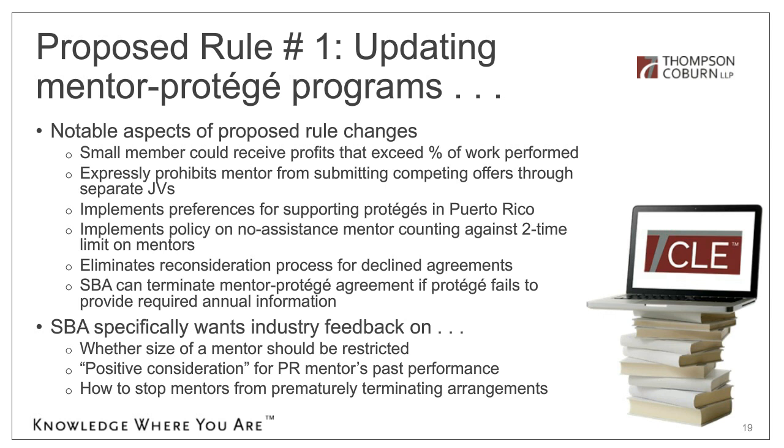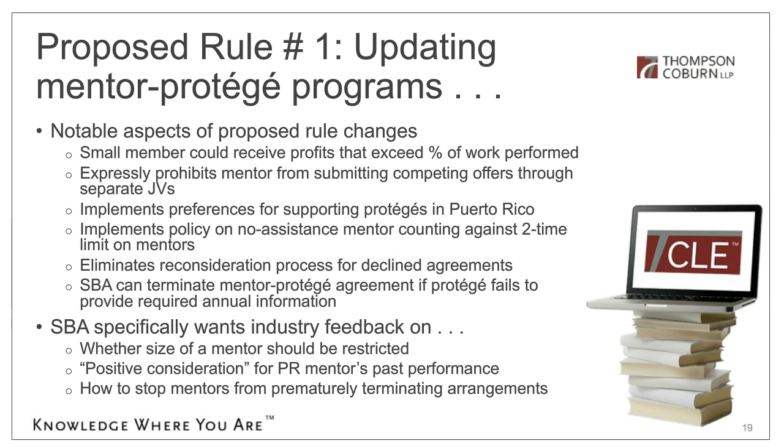SBA also is looking at, so I'm skipping the next bullet there. We can come back to it. It's pretty straightforward, though. But related to the same issue as far as mentors and proteges not getting the assistance they want from their mentors, SBA also noted that they aren't necessarily getting the required annual reports or information from proteges that they're supposed to be.